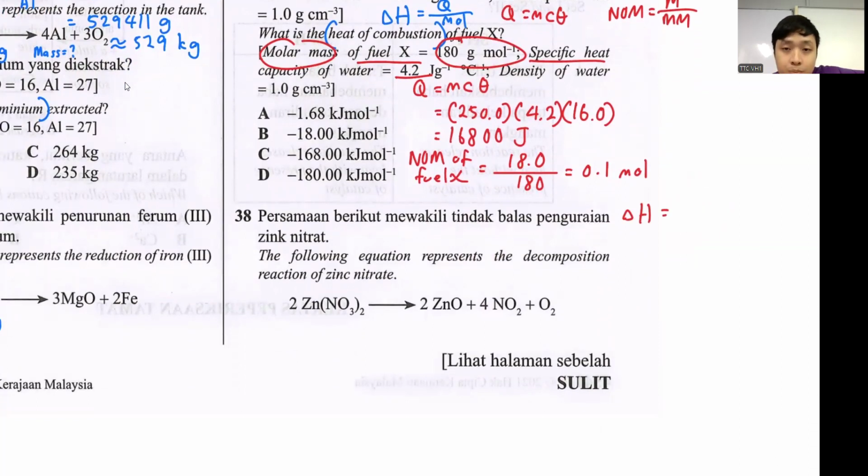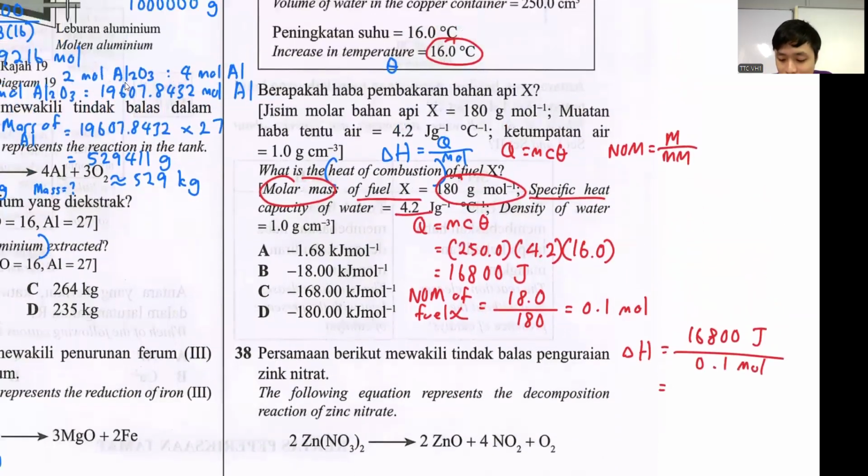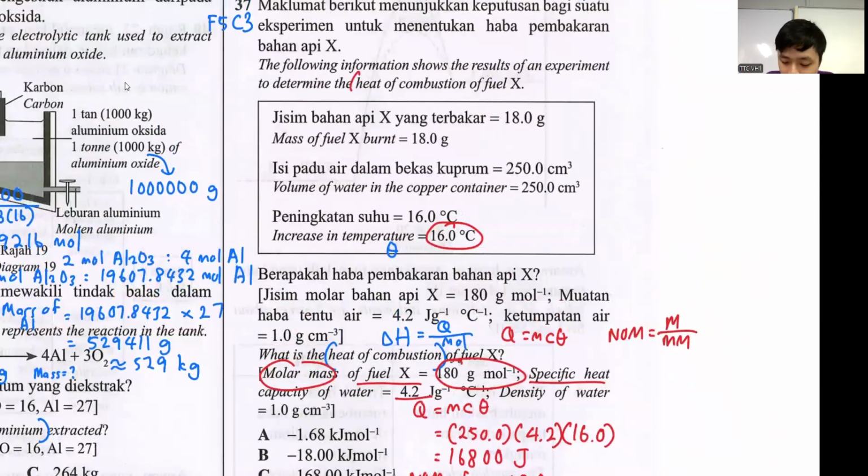What do you do? 16800 joule divided by 0.1 mole. And you will get, and remember, heat of combustion is exothermic. Delta H is negative.